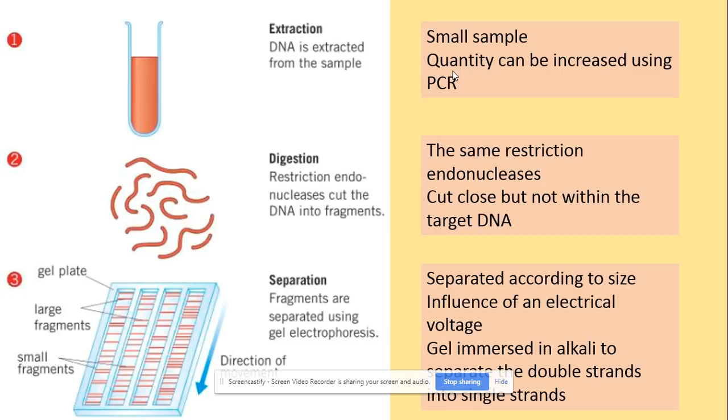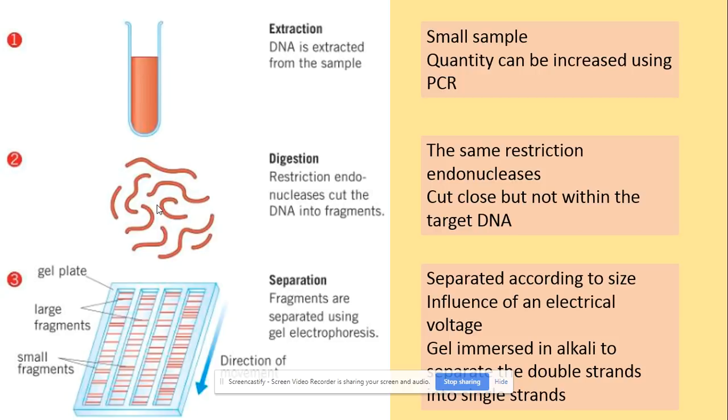In one of the previous videos, you can look up the method of PCR if you are not aware of it yet. So if it's too small, you can use PCR. But if the sample is too big, you can cut it using a restriction endonuclease enzyme. We can cut close to but not within the targeted DNA. So those are two options.